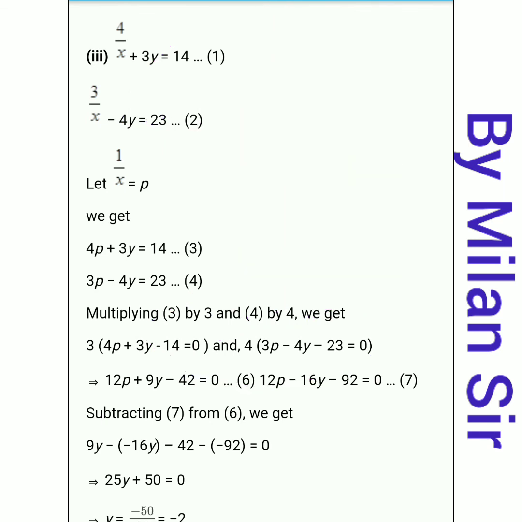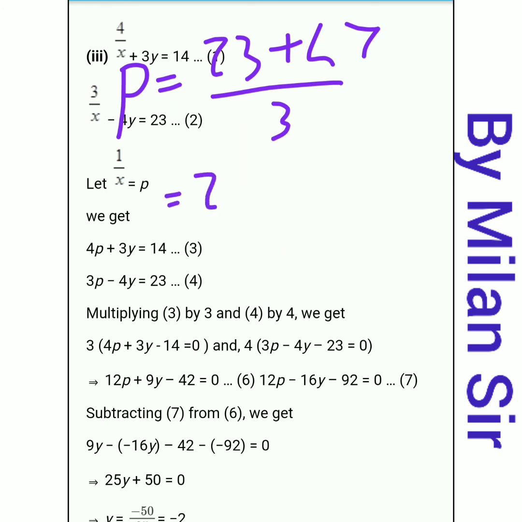Okay, now we need to put this value in equation number 5. So our equation number 5, it is 23 plus 4y divided by 3. So 23 plus 4, in place of y we need to put minus 2, divided by 3 as it is.